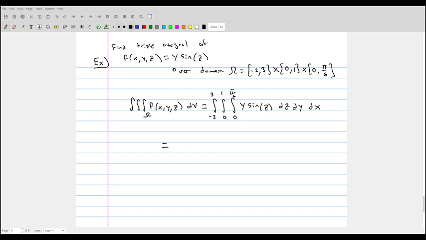So we break this up and do the inner integral first. The inner integral is going to be the antiderivative of y times sine of z with respect to z, and the antiderivative of y sine of z is going to be negative y cosine of z, evaluated from pi over 6 to 0.